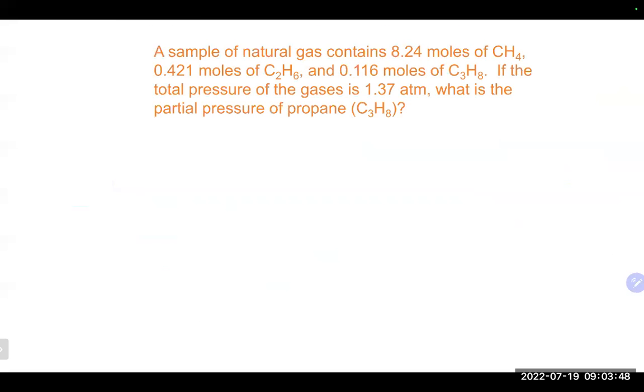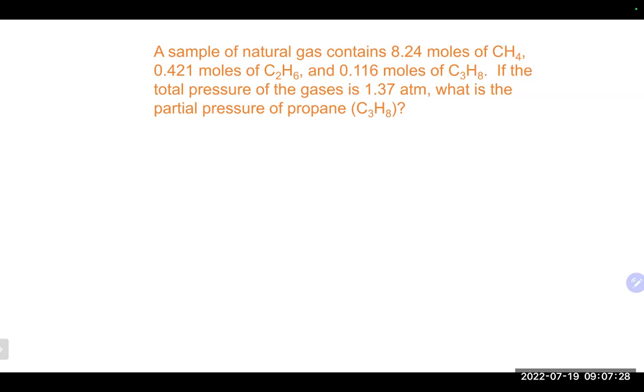All right, so why don't you give this one a go? A sample natural gas contains 8.24 moles of methane, 0.421 moles of ethane, and 0.116 moles of propane. If the total pressure of the gases is 1.37 atmospheres, what is the partial pressure of propane?